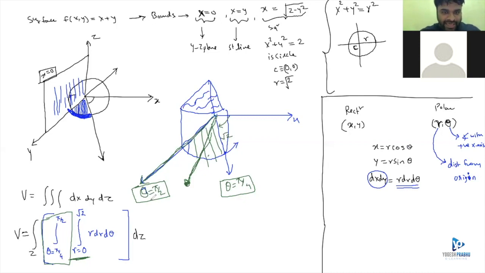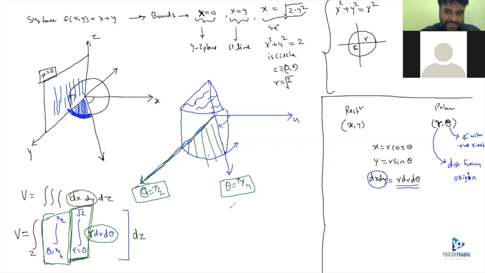Are you getting the limits of R, why they are 0 to square root of 2? And do you understand that we are not using xy, we're using r theta? So we are writing dx dy as r dr d theta. Let's not get into why right now because it will divert the topic completely.